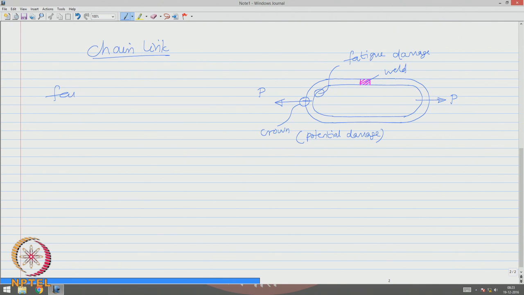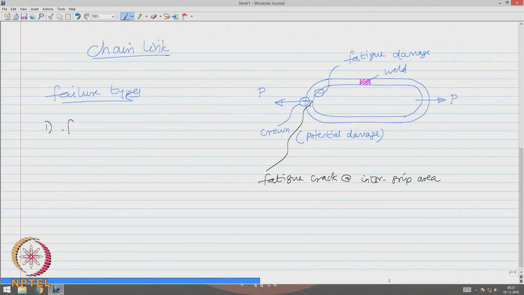There are different failure types which can be envisaged in these kind of chain links. If I say different failure modes, there can be possibly a fatigue crack at the inner or intergrip area.